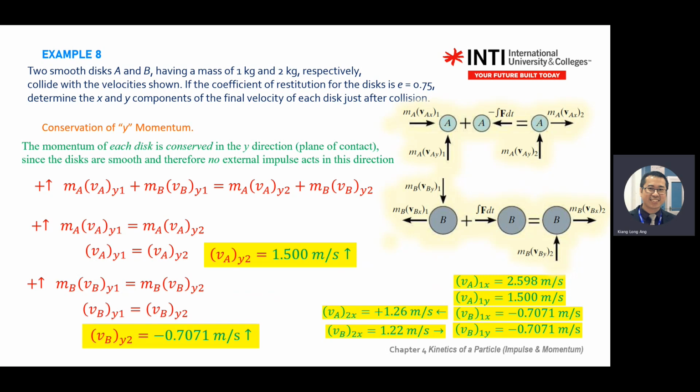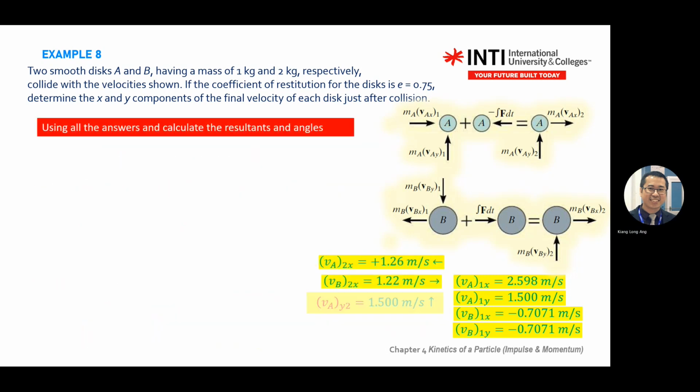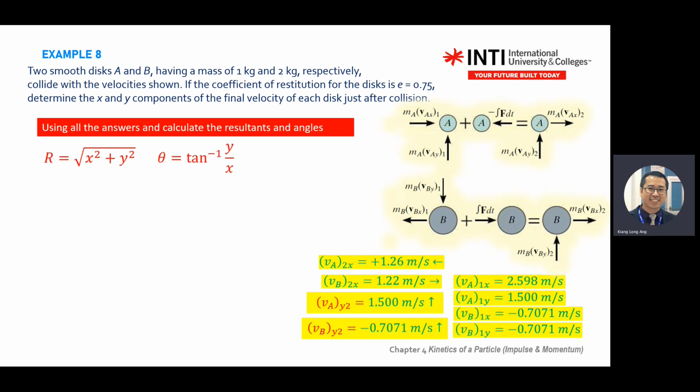Same with another one. Then you find resultant of your vector. All these are vector. So you have x and y, x and y. Before the question give you, do not split. So after you solve, you need to give the resultant of the direction.